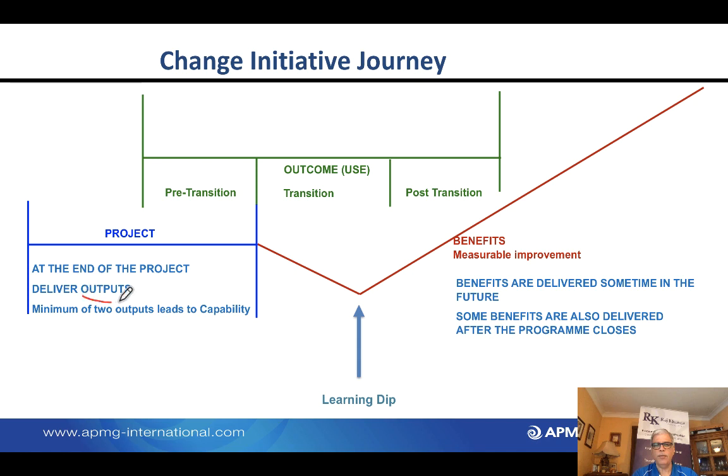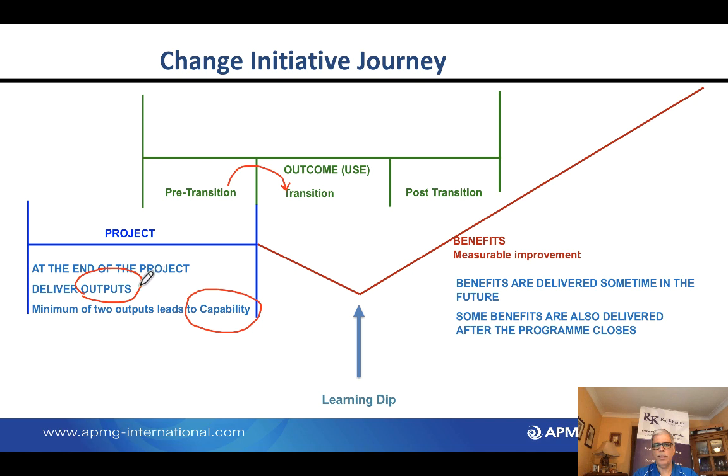Whatever you are delivering, which could be referred to as an output, a solution, or a product, individuals need to be trained on that change. And once that change is implemented, whatever the output, whatever the solution you have delivered, we then want people to transition from the old way of working to the new way of working.